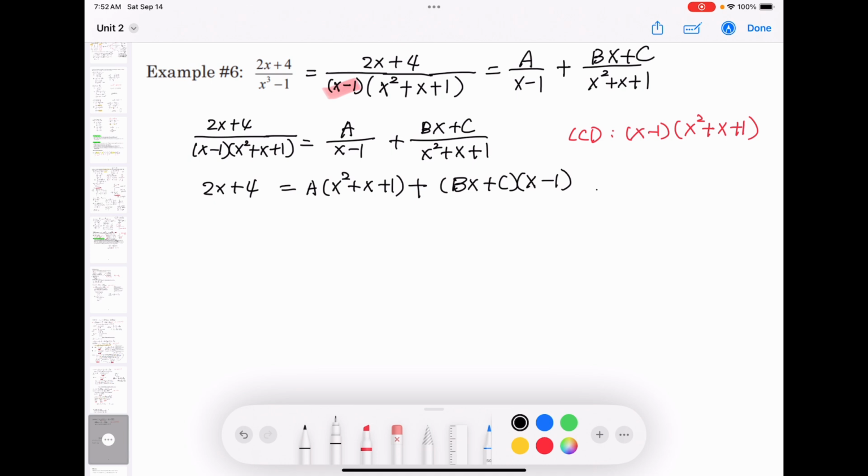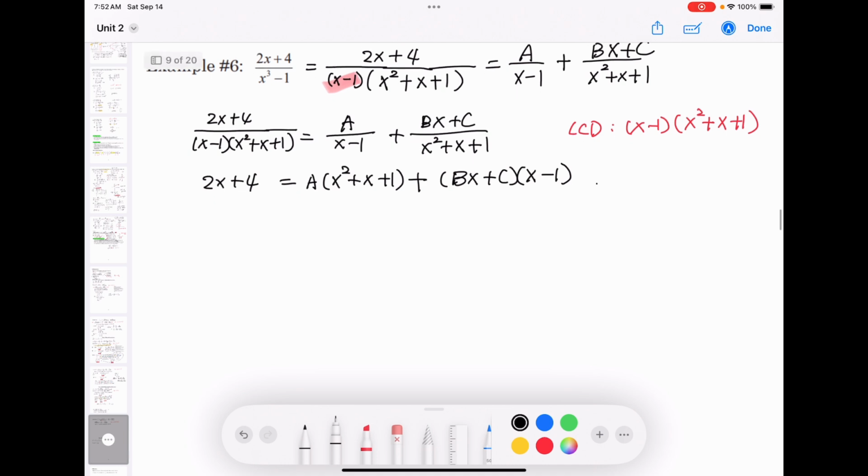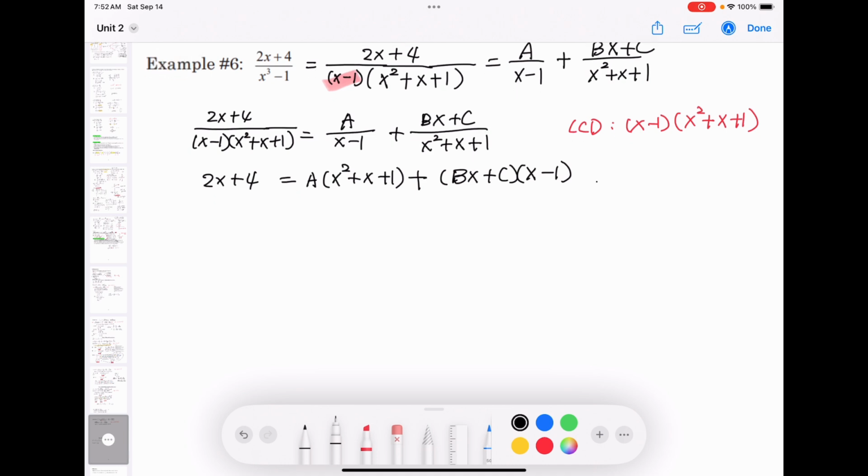Okay, next step, let's find the convenient value. The first convenient value comes from my LCD first factor, x minus 1 is equal to 0. So x is equal to 1. Plug this into my equation, and it will make this part 0.